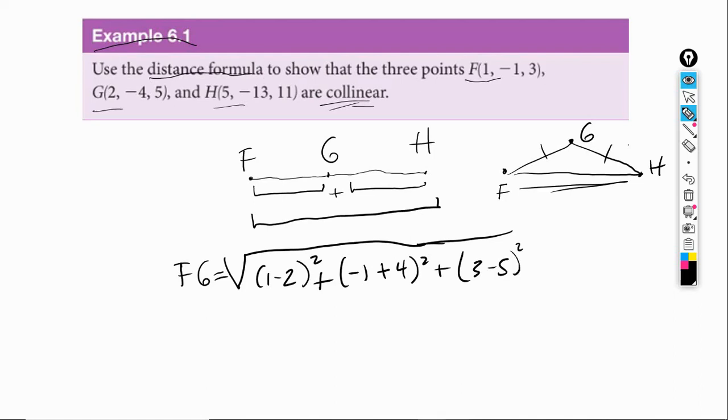So you have to do it in the same order. It doesn't matter if you do it backwards, but then you would have to do them all backwards. Okay, so if we do the math here, this is going to give us square root of 14.